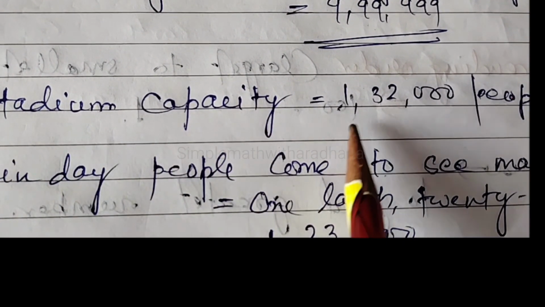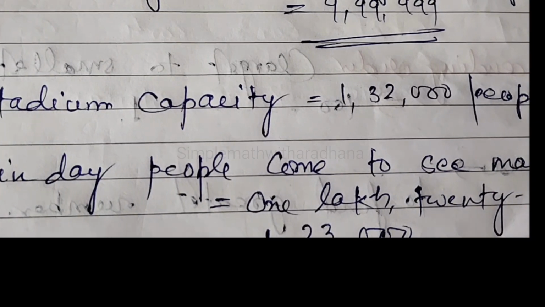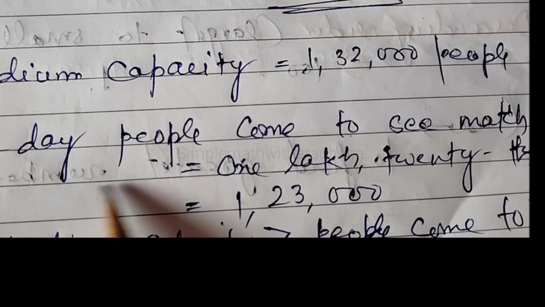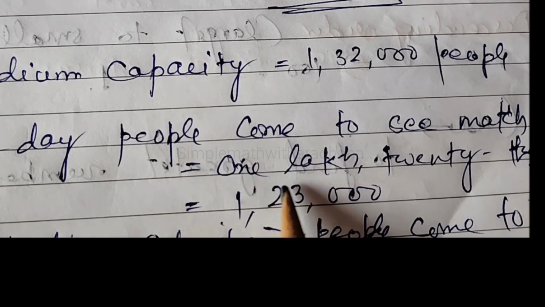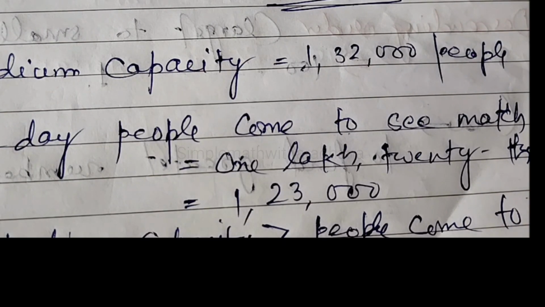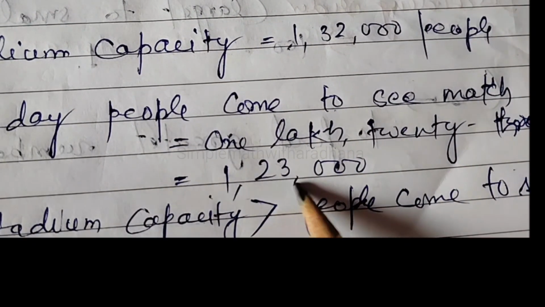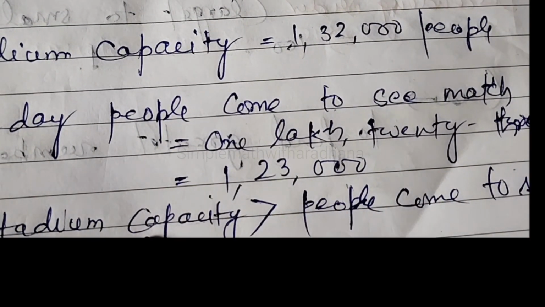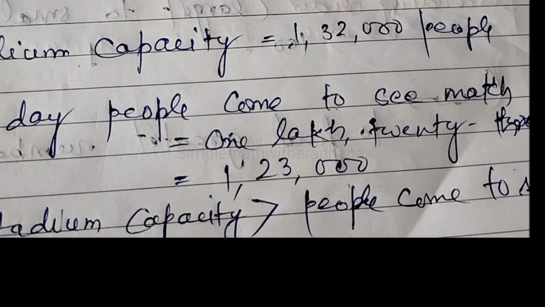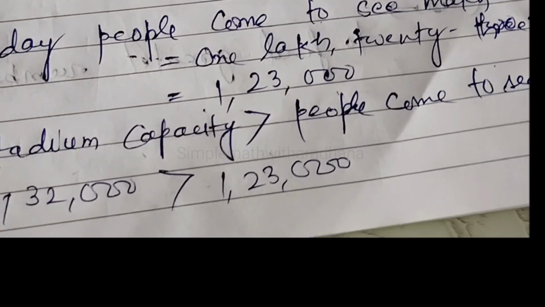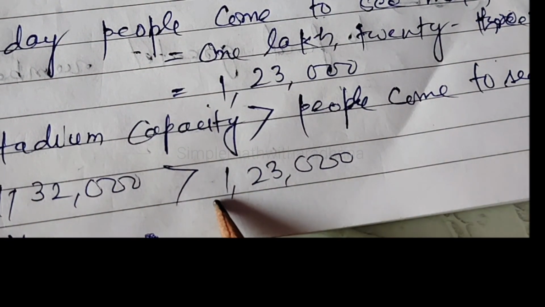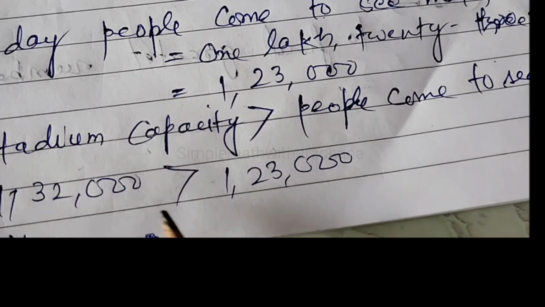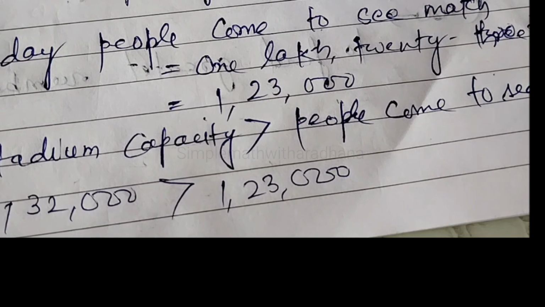Stadium capacity equals 1,32,000 people. People who come to see the match on a certain day equal 1,23,000. Stadium capacity is greater than the people who come to see the match. It means 1,32,000 is greater than 1,23,000. So yes, the stadium has capacity to accommodate the people.